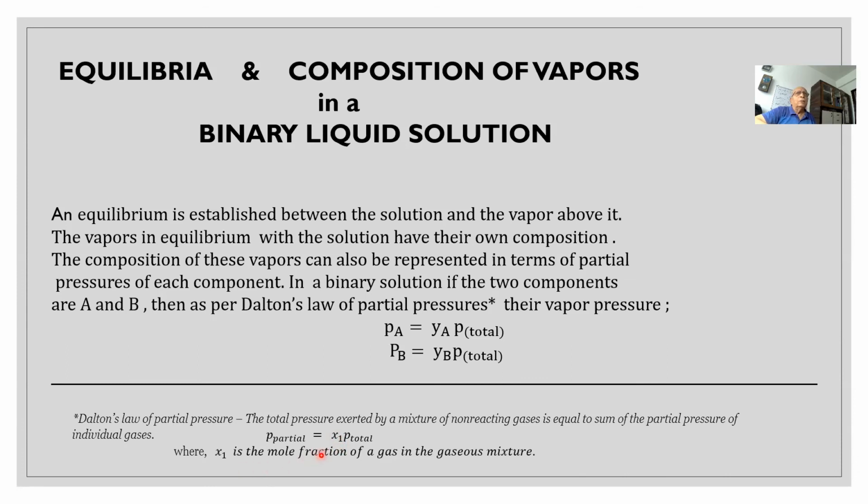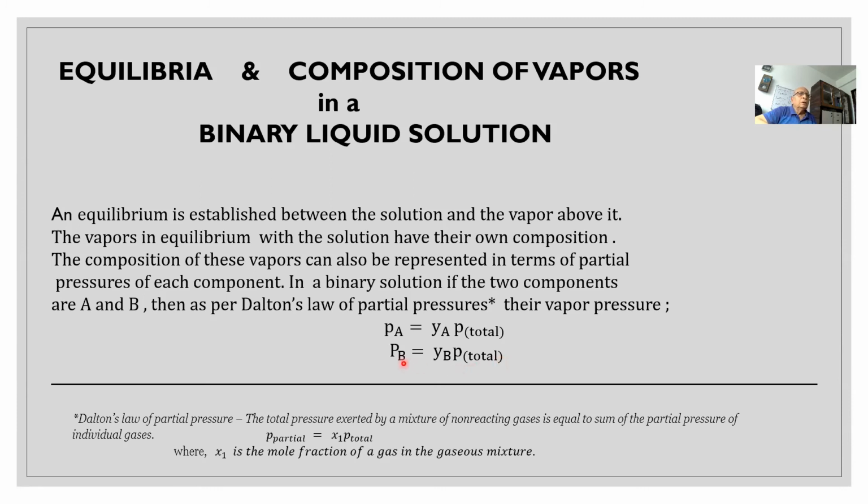Component 1 we may call it component A, doesn't matter. Now here in this case, in our binary solutions, the vapors have their own compositions, I mean, their own component composition, and let the mole fraction of A be represented by YA and component B be represented by YB and the total pressure be P total.